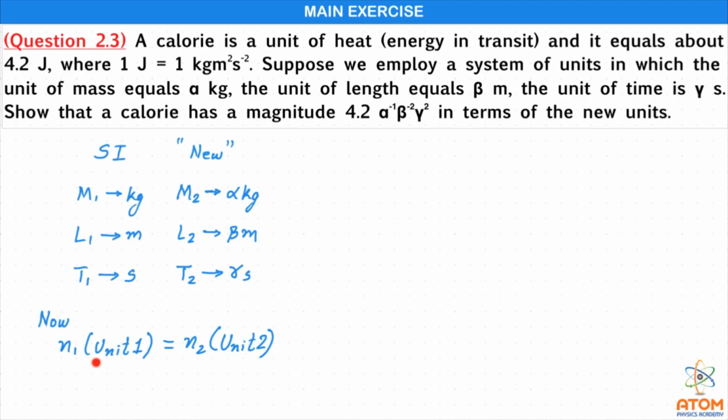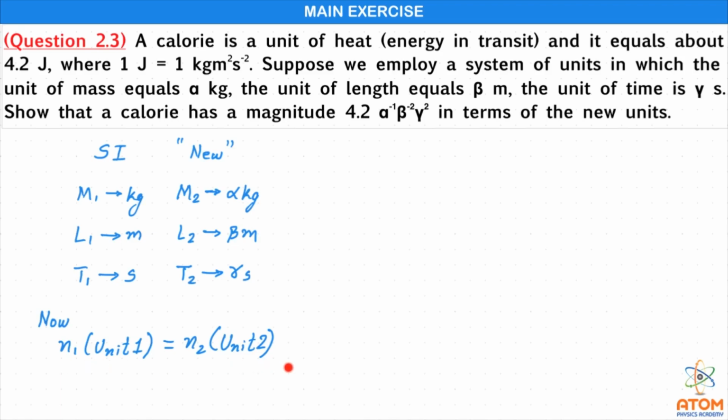So we can say that this unit 1 will be the unit of any physical quantity in SI, and unit 2 will be the unit of that physical quantity only, but in the new unit system. And N1 and N2 will be the numeric values. So this equation is very much useful to find out a numerical relation between two units of different unit systems, but one physical quantity only.